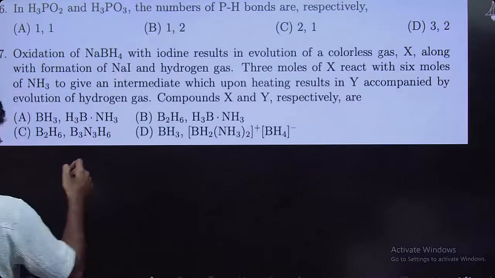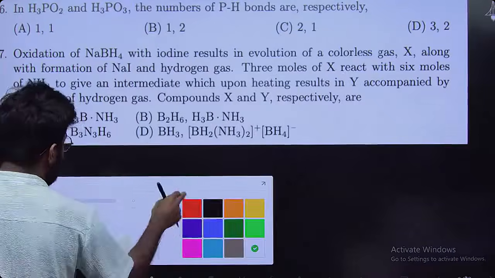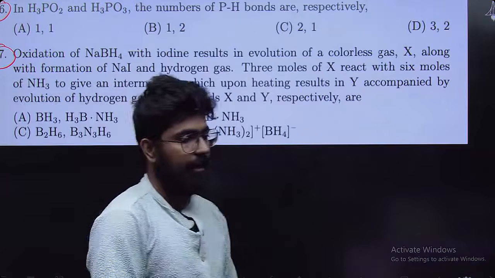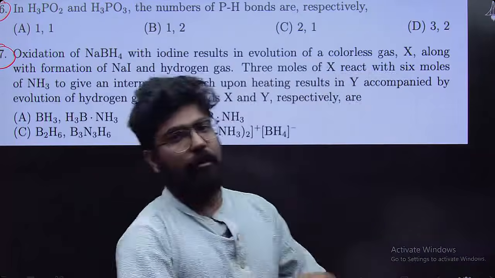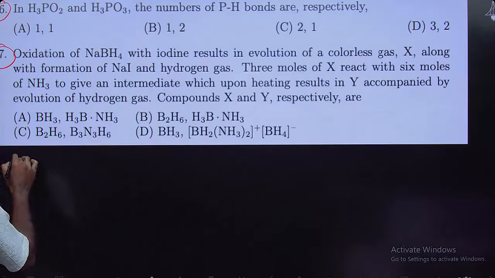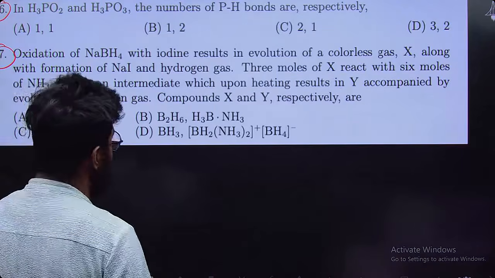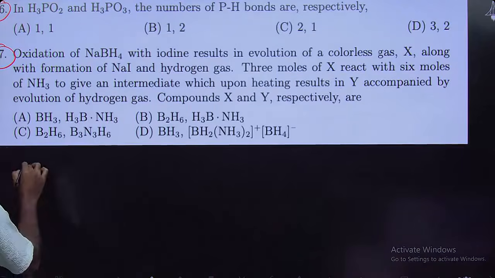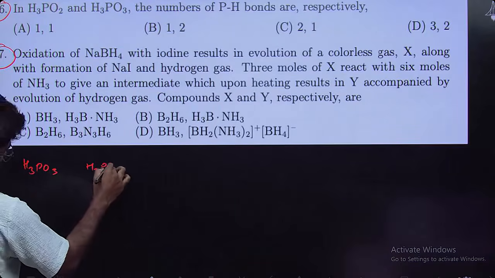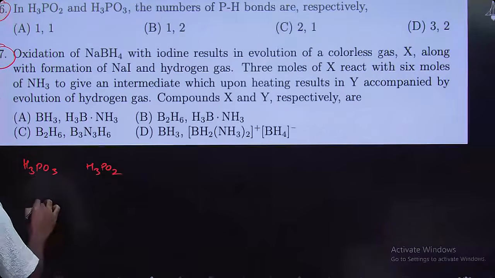Technically, moving to question number 1, as these two questions are also not part of your syllabus anymore, you can be lenient on them. However, they are quite general, so I just want to give you a quick glimpse. The first question says, in H3PO4 and H3PO3, the number of P-H bonds are respectively. So basically we know that H3PO4, H3PO3 and H3PO2 have the simple structure like this.